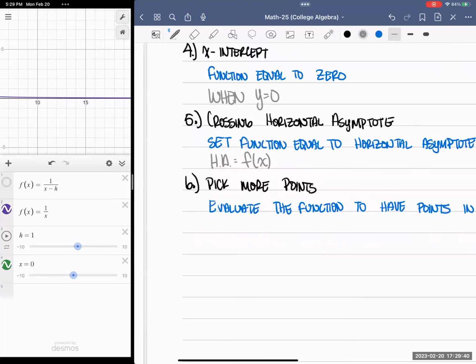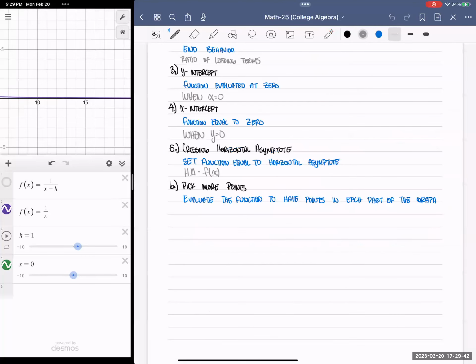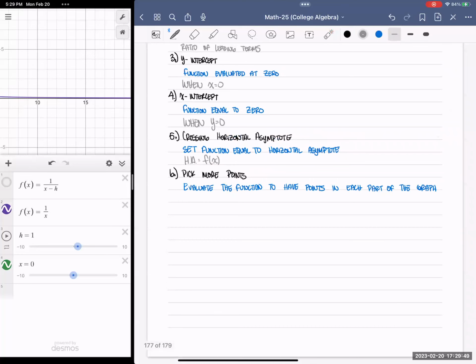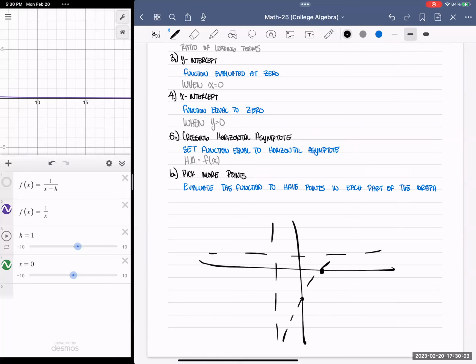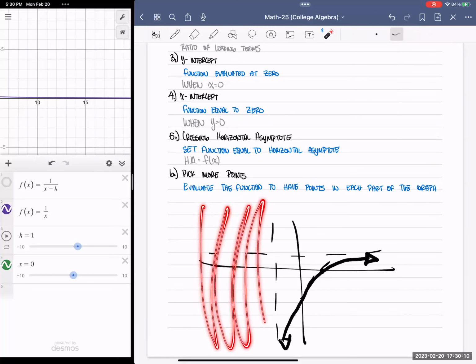Now I have to put this last part in to remind ourselves to pick a couple more points. Eventually we have a majority of our graph completed. Let's say we have a couple of points here and the horizontal asymptote here, and we know our graph is going to cross somewhere over here, but we don't have any points to see where the graph is at this part.